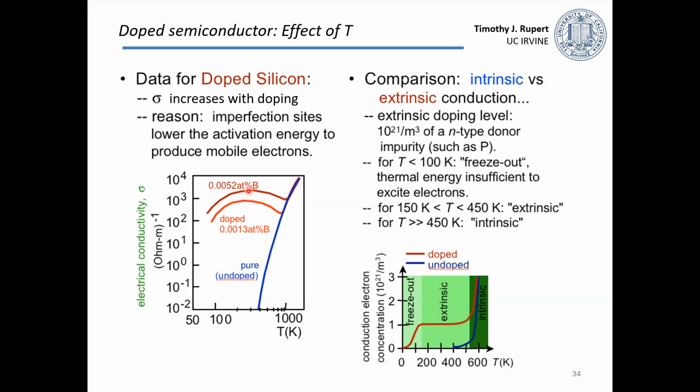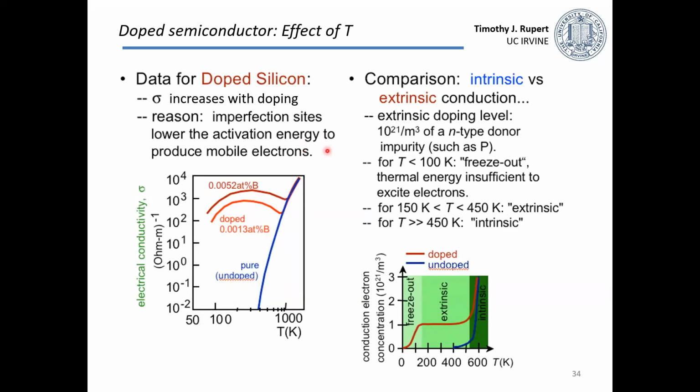So adding more of those impurities is a good thing. And generally, it complicates the effect of temperature. Down at low temperatures, the conductivity is much higher, and it doesn't follow the same type of behavior as the pure silicon. But as we increase the temperature, eventually we just follow that pure silicon type of response.